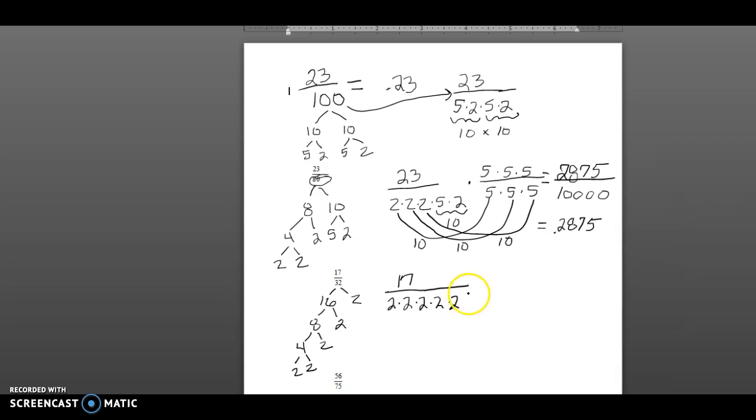All right, if I want to make this have a power of 10 as the denominator, each one of these 2's needs a 5, because 2 times 5 is 10. So I multiply top and bottom by 5. And in the video that I had already linked, that you guys hopefully watched, they would have written this as 5 to the 5th power.